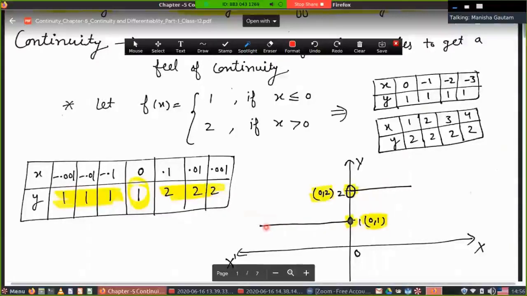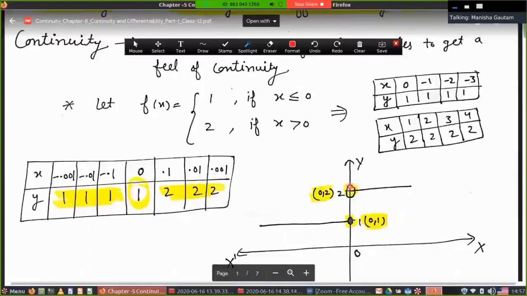Now the question is whether you can plot this graph without lifting the pen or not. When you reach the point very near to 0, at x equal to 0 the value is 1. It means on this line, that point is not lying.